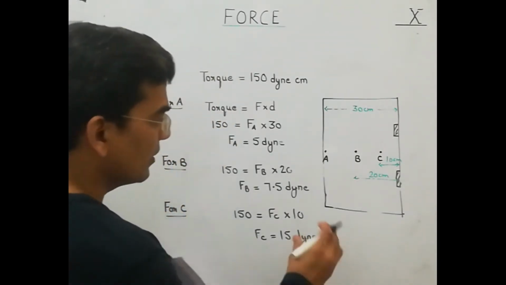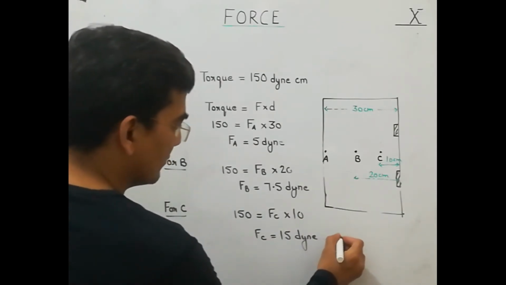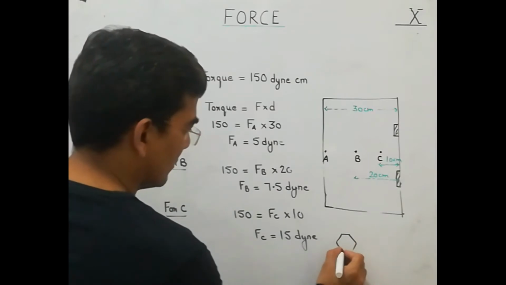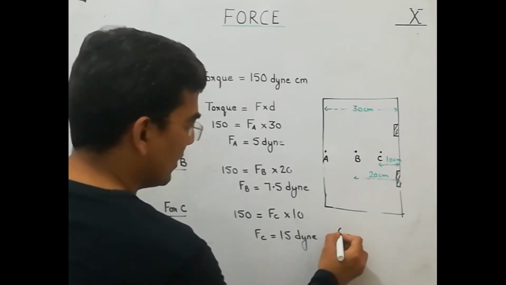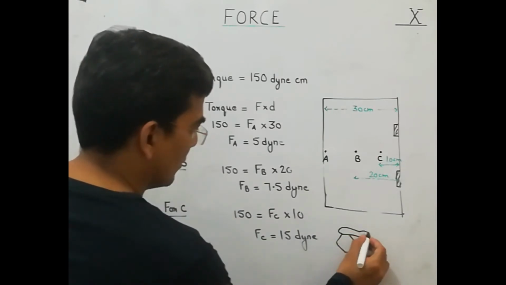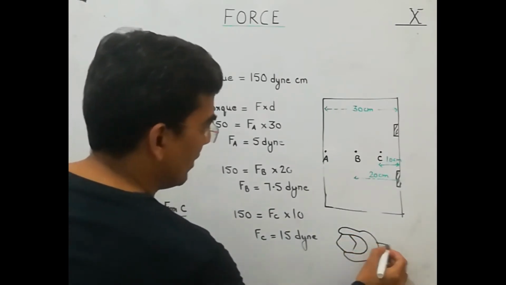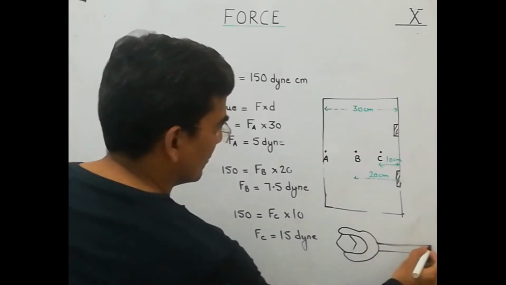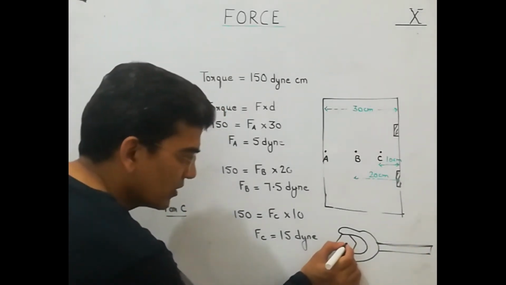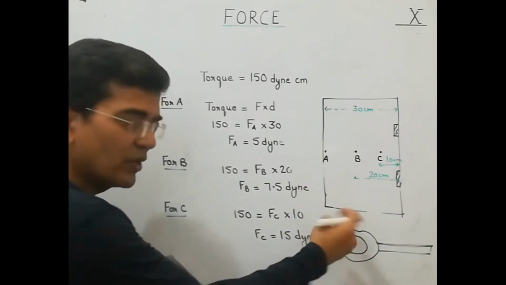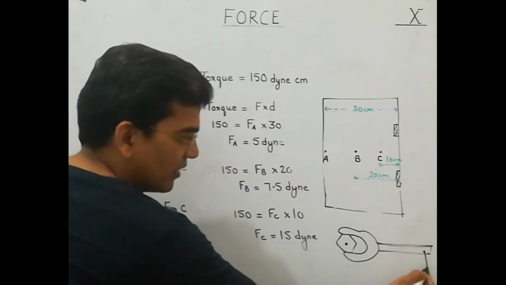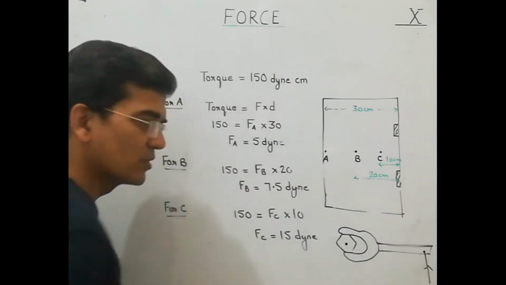When we open a nut with the help of a spanner, then you must have observed this is the point about which this nut will rotate, and at the edge of the handle you apply the force.